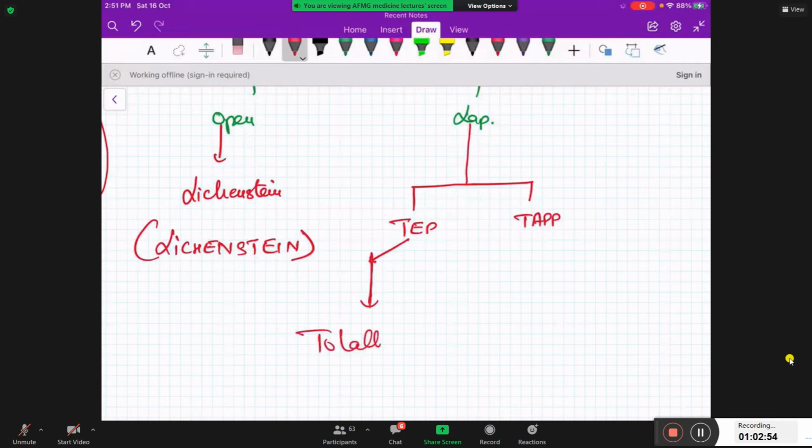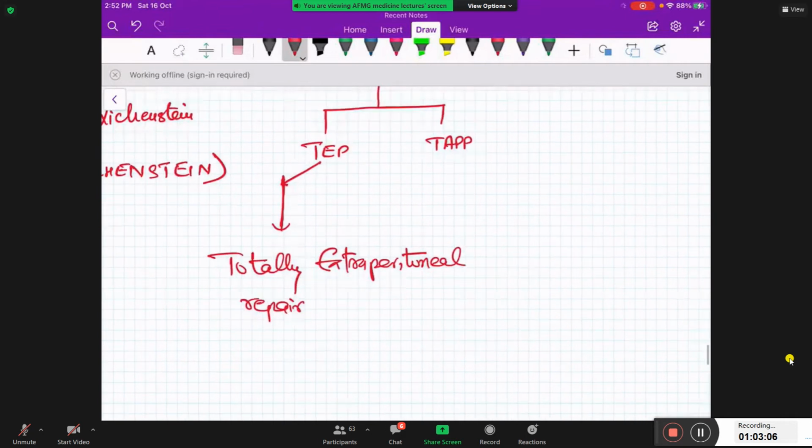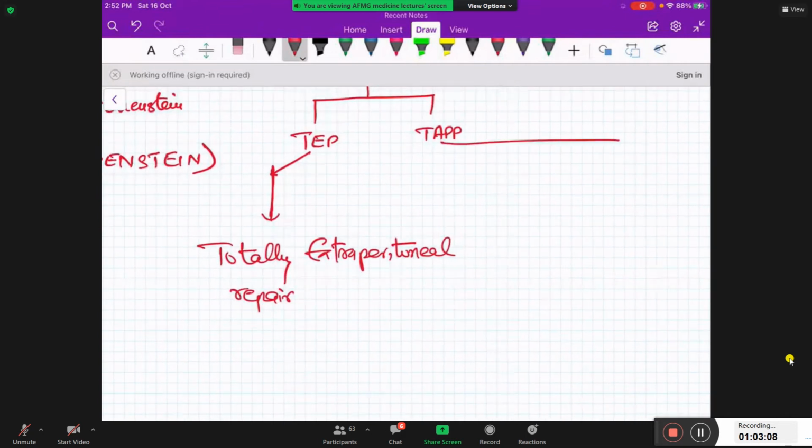Totally extraperitoneal repair. What is TAP?